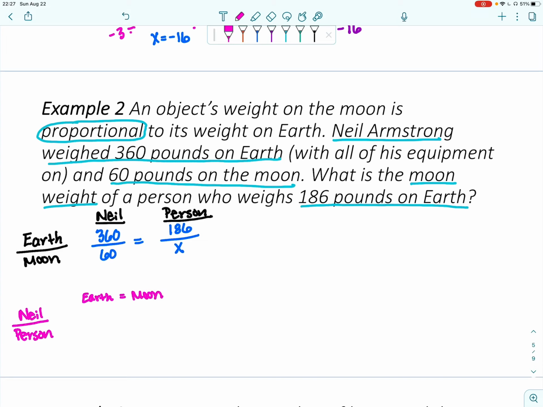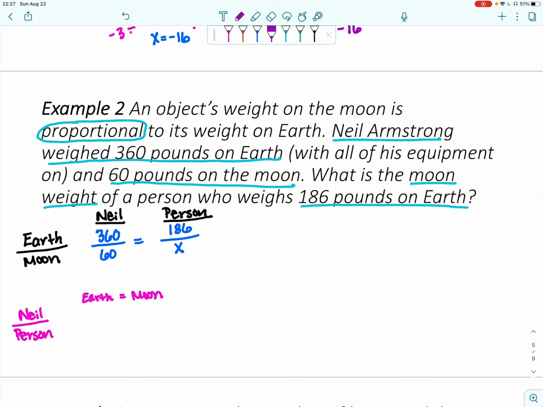If you decide I'm going to put Neil's weights on top, then they have to be on top for both of those ratios. And the other person has to be the numbers on the bottom. However you decide to set up your ratios, you have to be consistent. You can't change the second one up because you say, oh, I don't want to have X in the denominator. That makes me nervous. Too bad. That's how you decided to set it up.